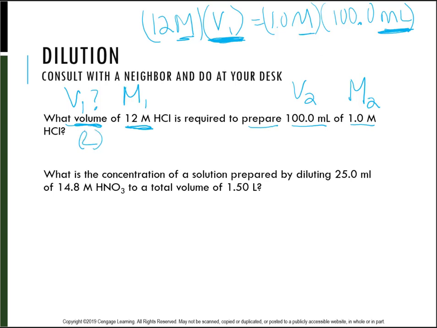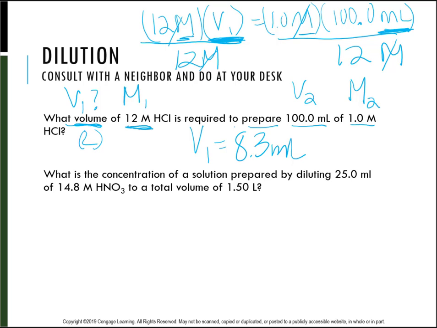But in this case, it doesn't tell us that. So to solve, we're just going to do some simple algebra, divide both sides by 12. So our molarity cancels out, and we're left with V1 is equal to 8.3 milliliters.